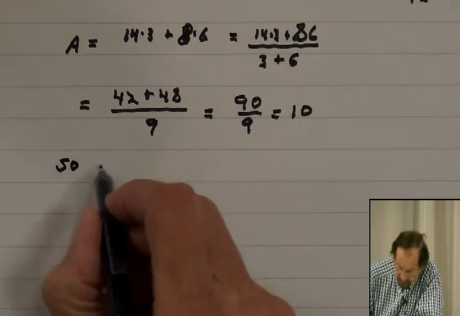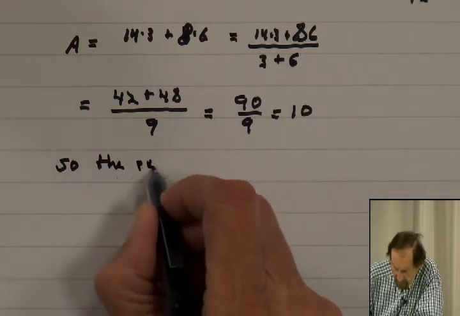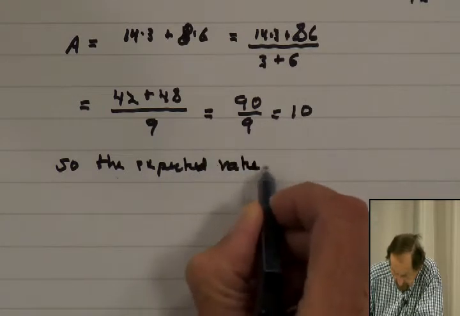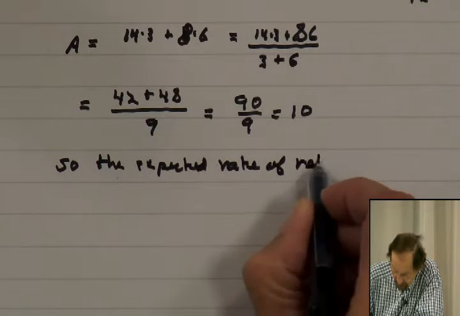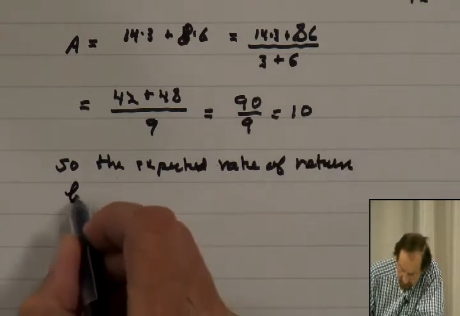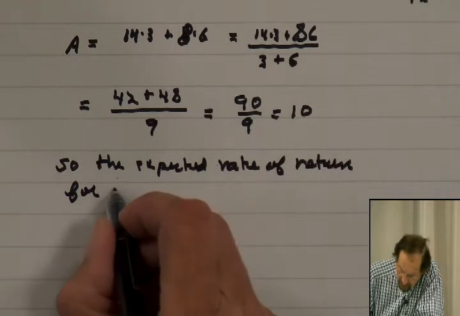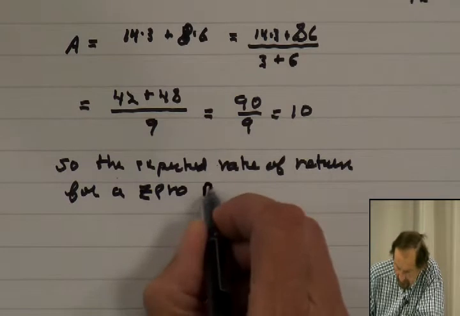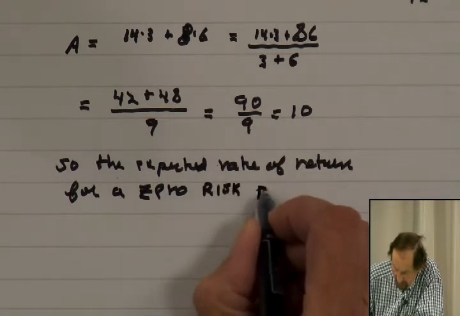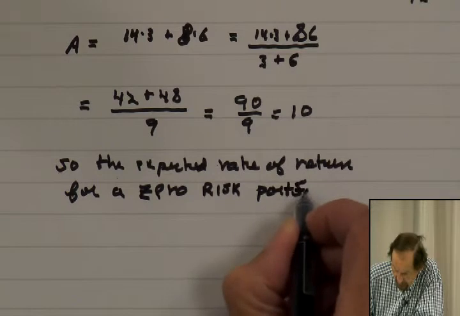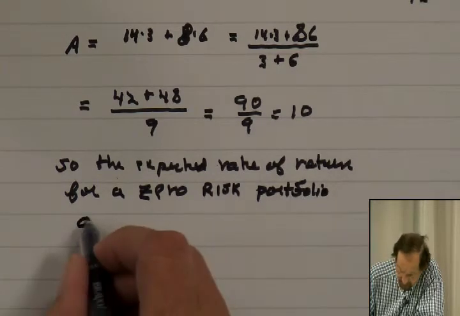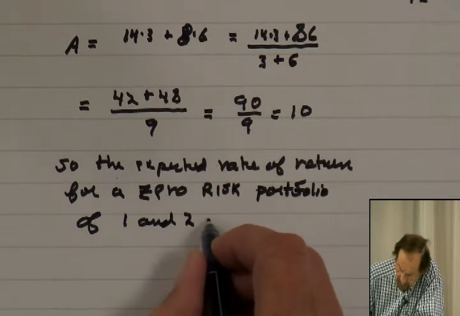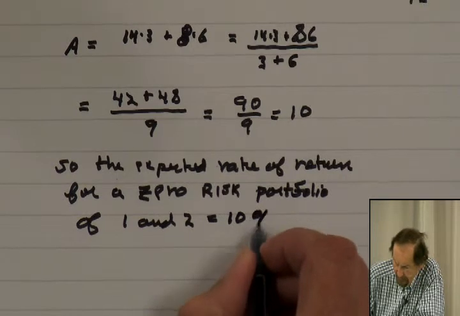So the expected rate of return for a zero risk portfolio of 1 and 2 equals 10, and typically we have that in percentage.